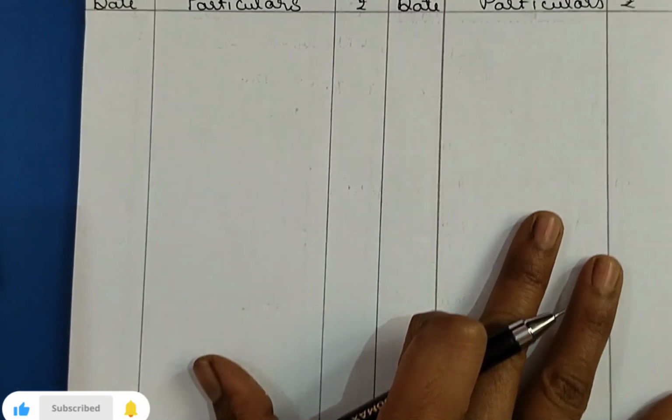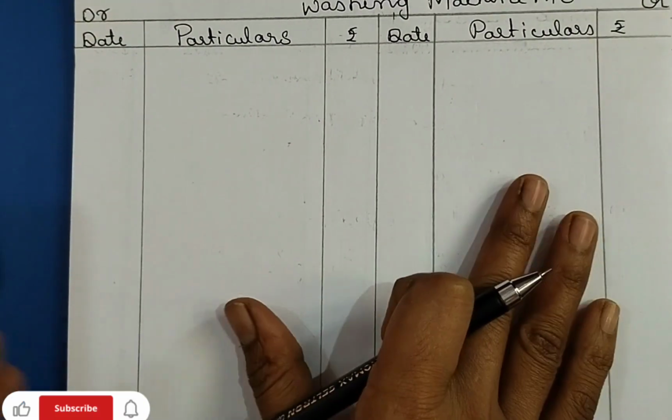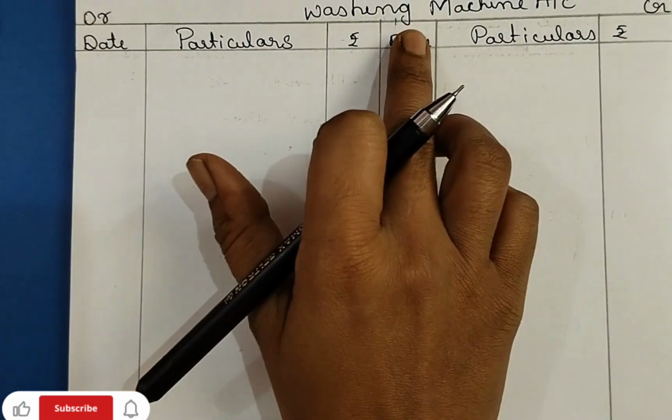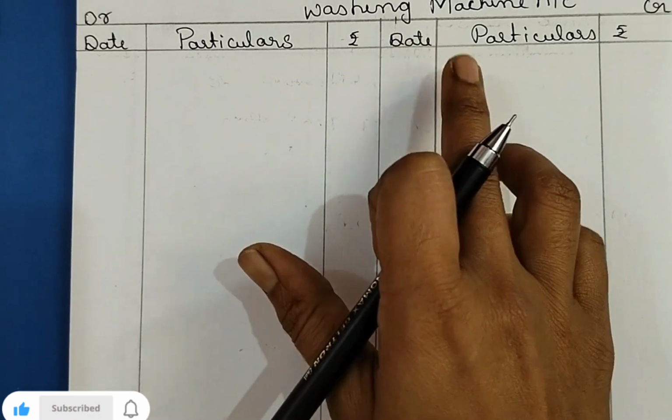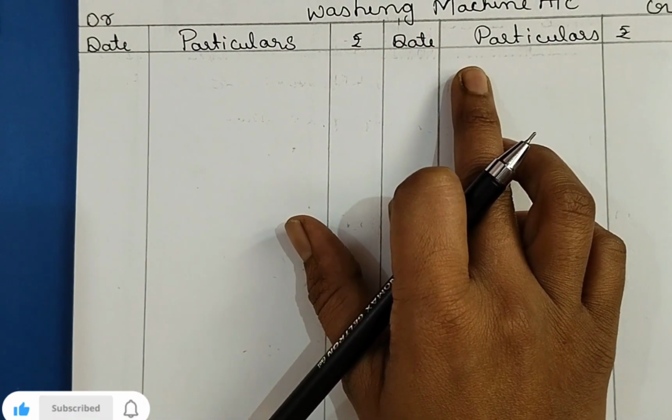Now we calculated depreciation and the interest also. Now let us pass the ledger entries in the washing machine account. Now washing machine we purchased by paying 10,000 rupees down payment, right?